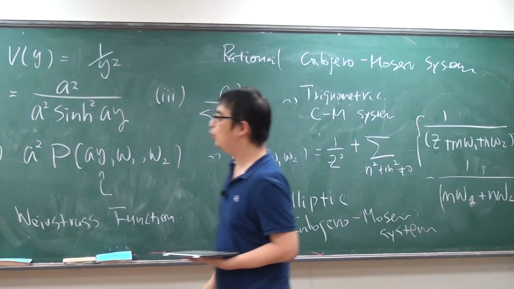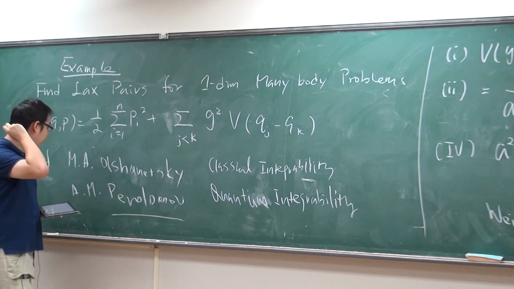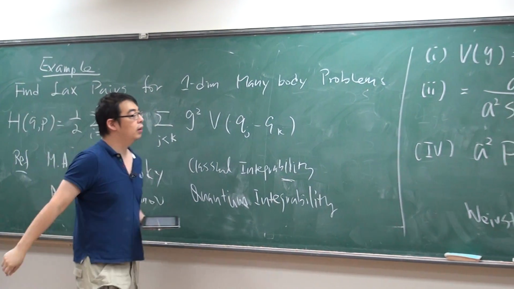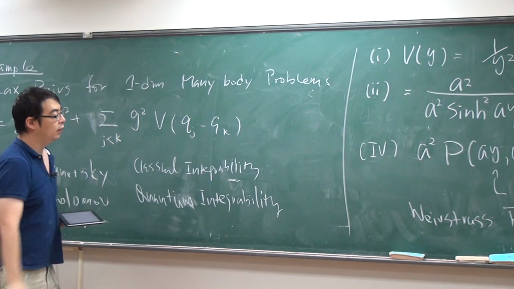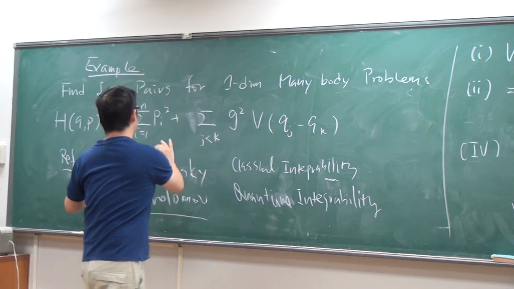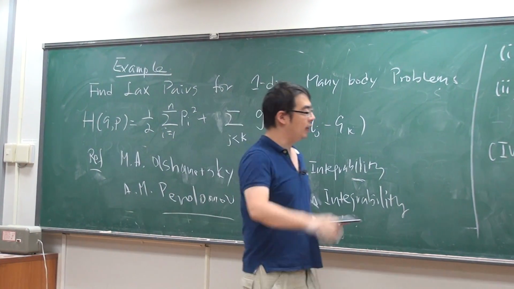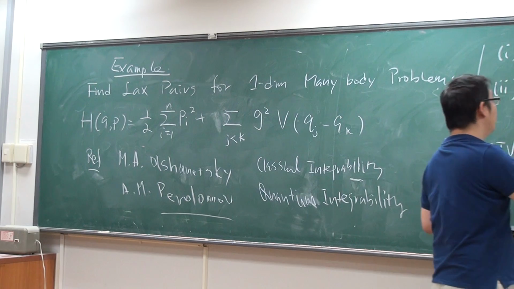Unfortunately, I won't have time to talk about the kind of quantum mechanics, if you want, based on those classes of Hamiltonian by promoting, for example, various momenta into operators and all that.